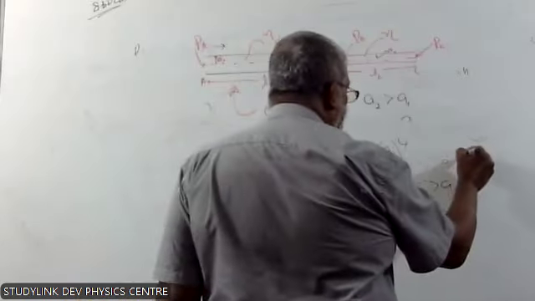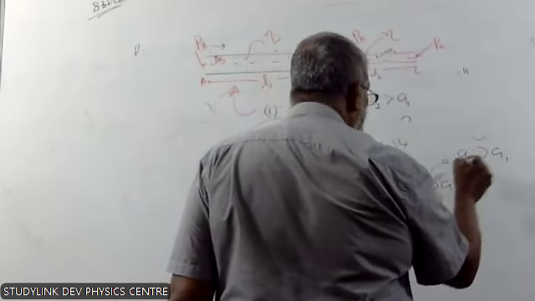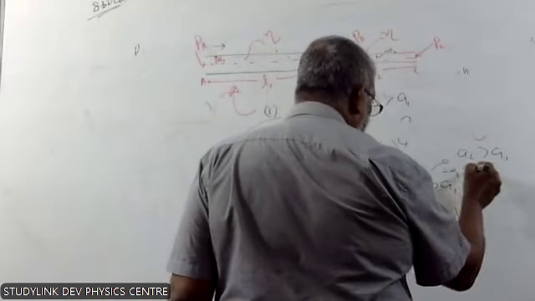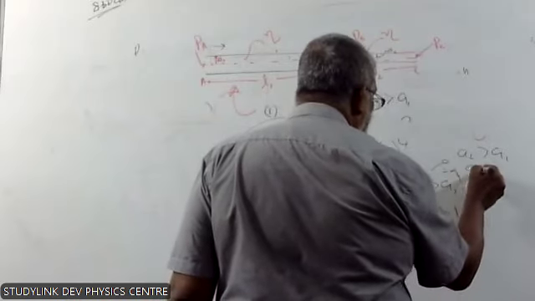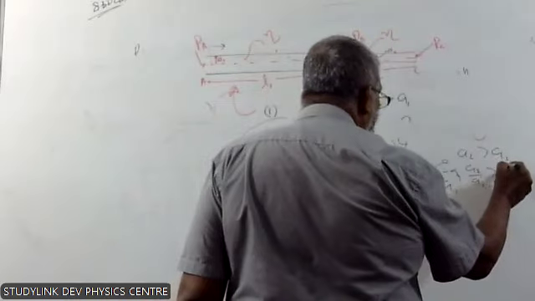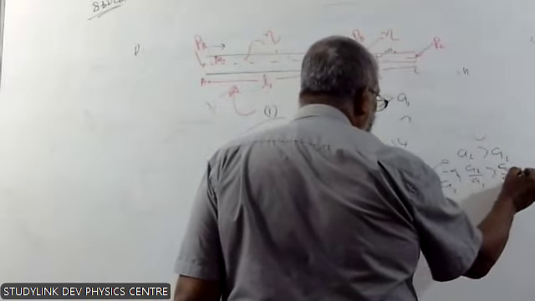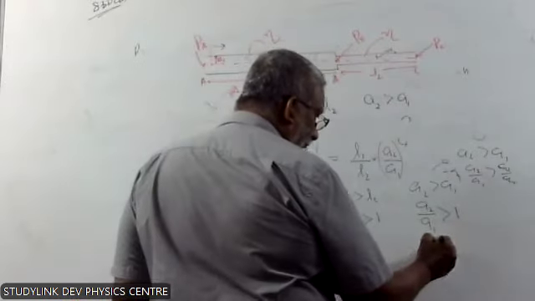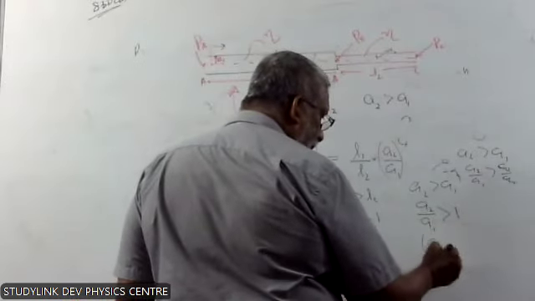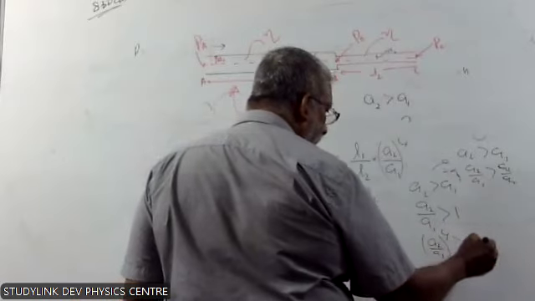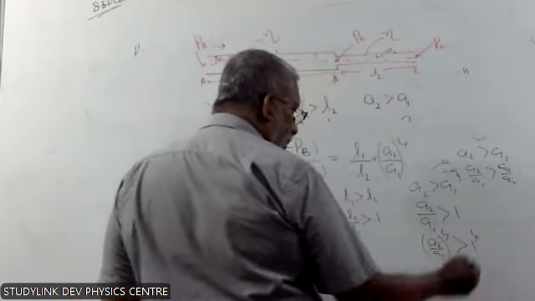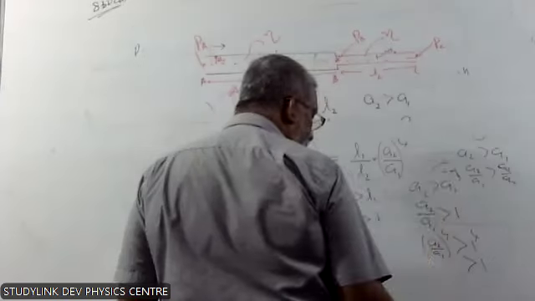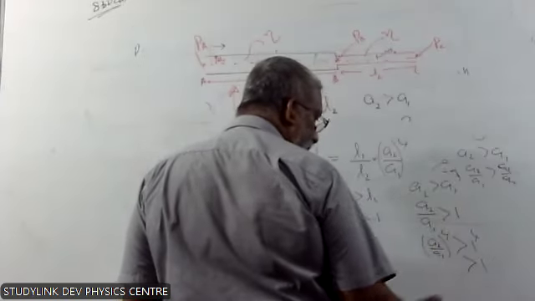If so, (A2 over A1) to the power 4 is greater than 1 to the power 4. 1 to the power 4 is 1. Any power of 1 is 1.